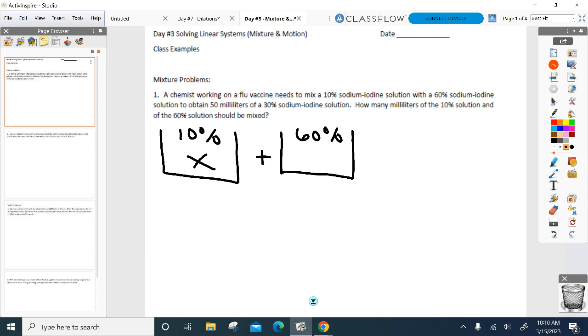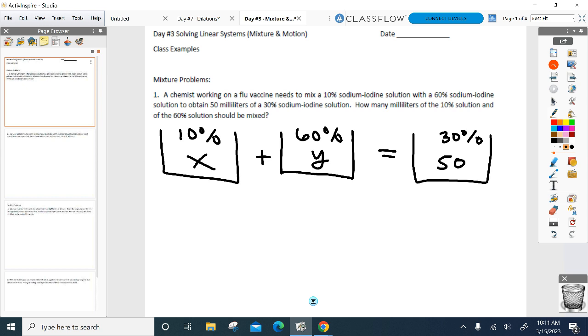No. So I'm not going to put X, I'm going to put Y, because it's not necessarily the same amount. All right, mix them together. You got the final bucket, which has what in it? Okay, 30% solution. But here, I don't need to introduce a third variable. I already know how much I need. So under here, I'm going to put 50 because I need 50.